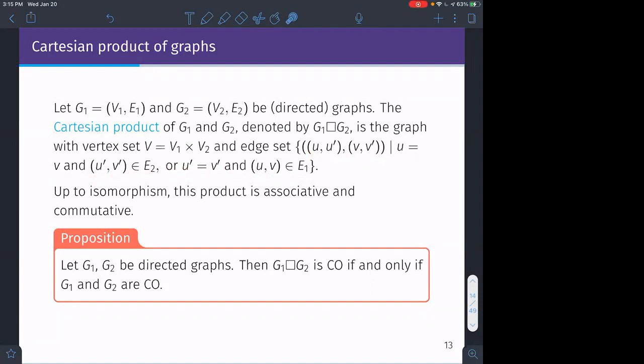But for now, I'm just going to point out that this operation is, up to isomorphism, associative and commutative, so it's a nice operation. And moreover, it preserves the consistent orientation property of graphs.